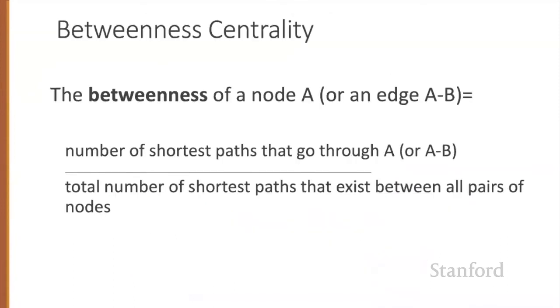The betweenness of a node A, we could also compute betweenness for an edge like AB, is the number of shortest paths that go through A, or AB if we're doing edges, divided by the total number of shortest paths that exist between all pairs of nodes. So out of all shortest paths between all pairs of nodes, how many of them go through the specified node or edge?